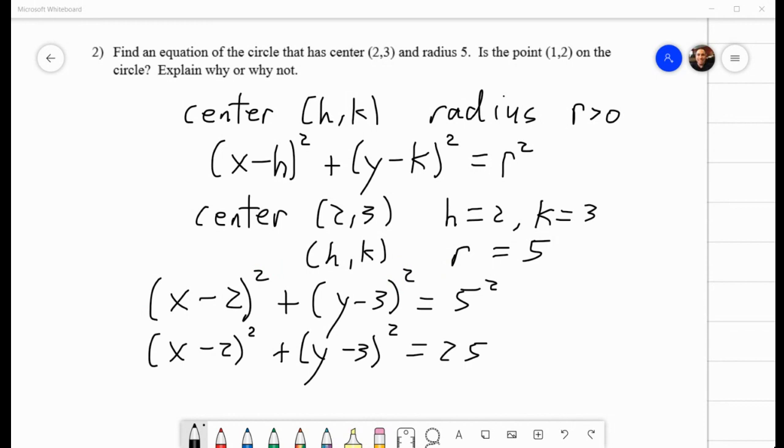Okay, now we want to know if the point 1, 2 is on the circle. Well, for 1, 2 to be on the circle, this point would have to be a solution of this equation. Right? Remember, the graph of an equation is the graph of all its solutions.